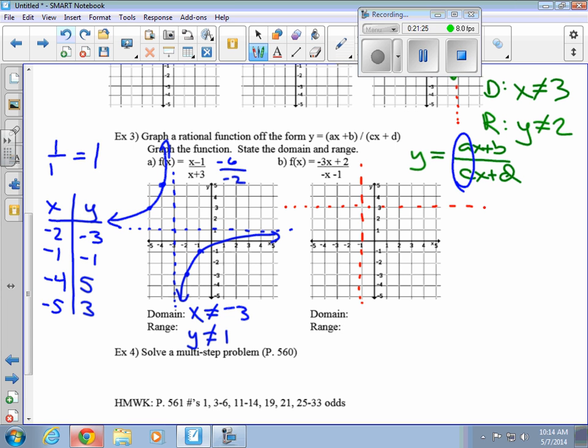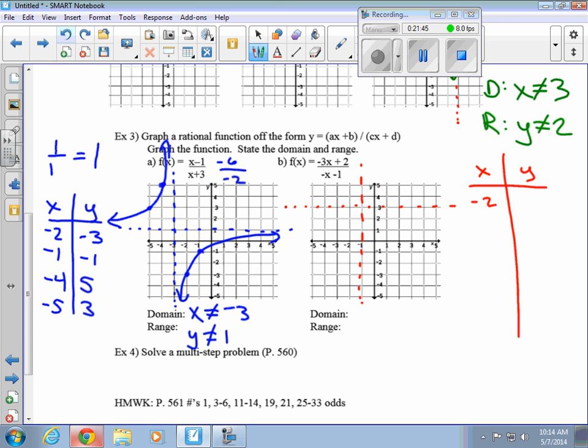Okay. So now what are you going to do? Plot them, right? Plug in some points. I'm going to erase this so we've got some room here. So let's start on this side. Let's go -2. If I put in -2, what's -3 times -2? 6 plus 2, 8.